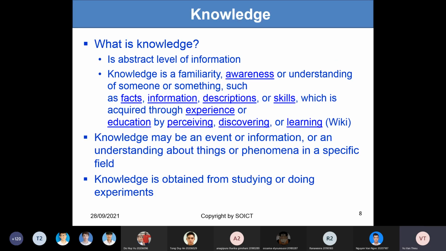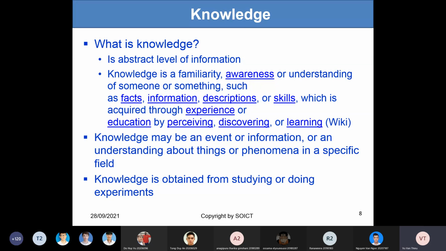The third concept is knowledge. So what is knowledge? Knowledge is an abstract level of information. From information, we can analyze, can learn, can study. So what is it? Knowledge.